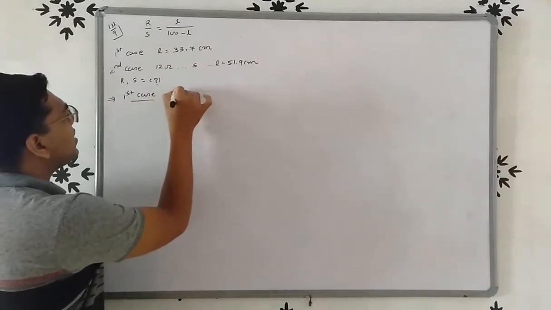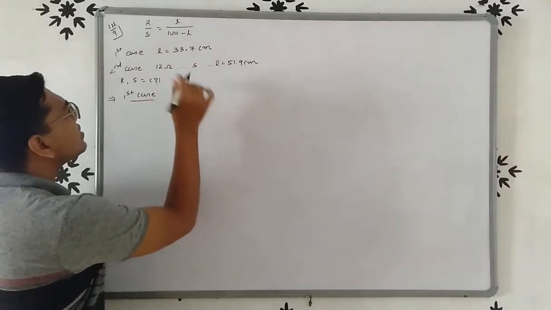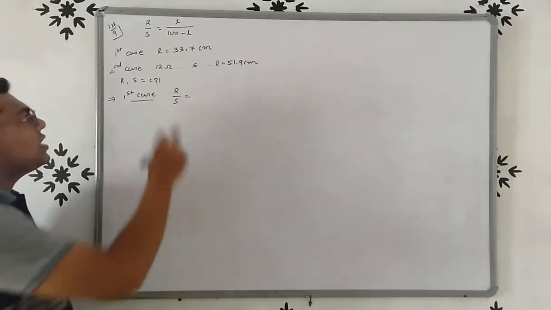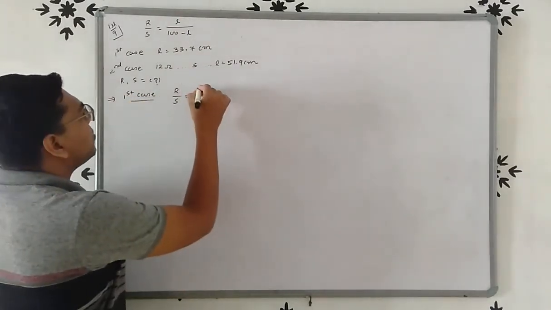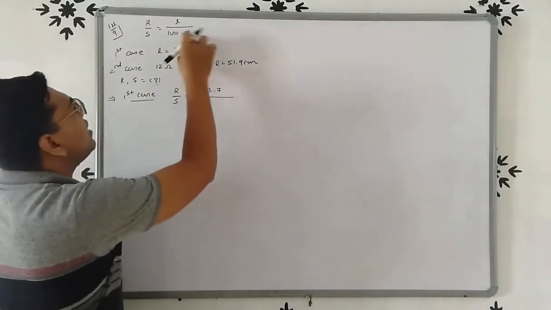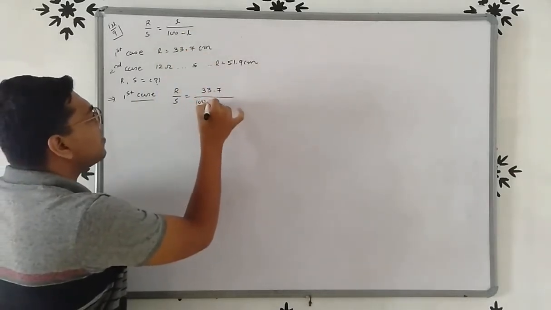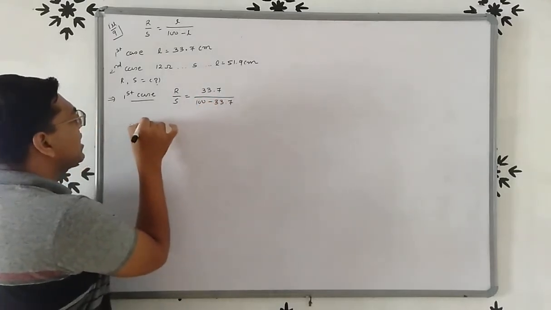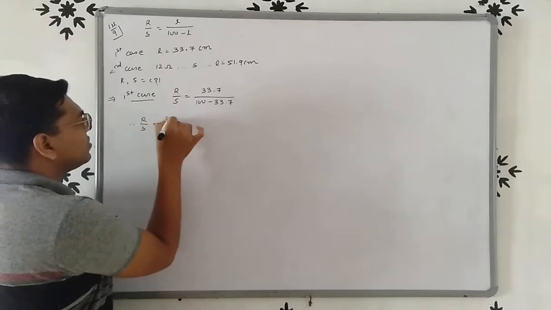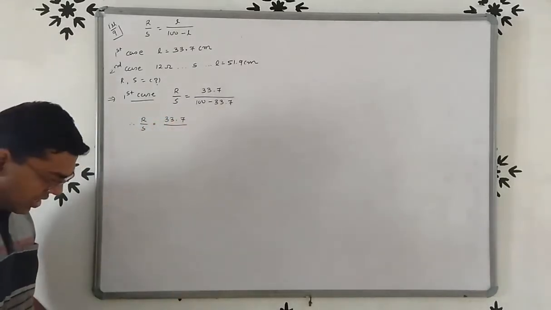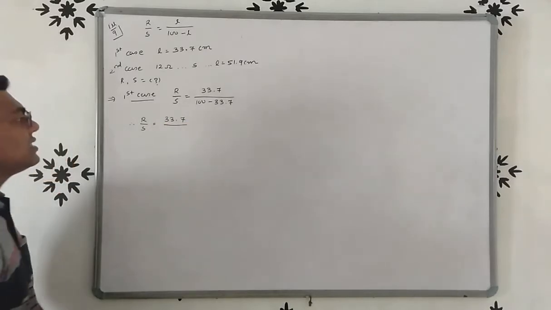So we know the formula R upon S is equal to L upon 100 minus L. Here in the first case the value of the null point L is 33.7, upon 100 minus 33.7. So we get R upon S is equal to 33.7 upon 66.3.